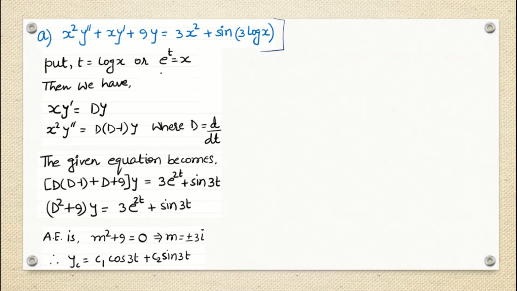So very first step, step number 1, is what? Always in this type of question you have to substitute t equals log x. Why x? Because here your independent variable is x. So we are writing t equals log x. It will be there in all your Cauchy's equation questions.